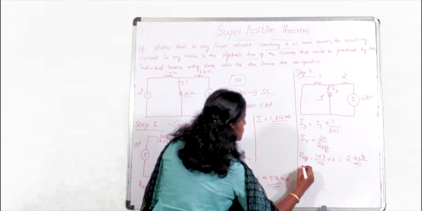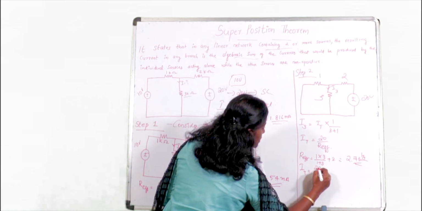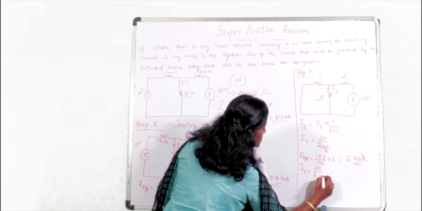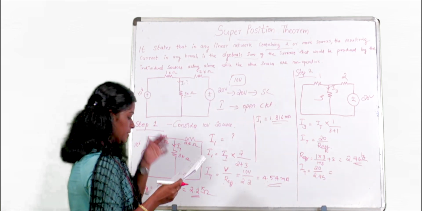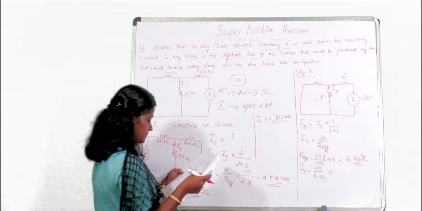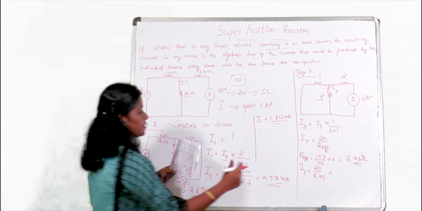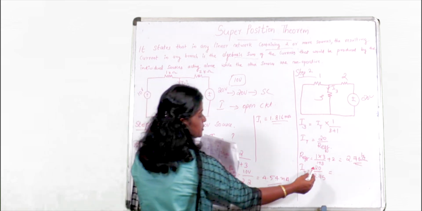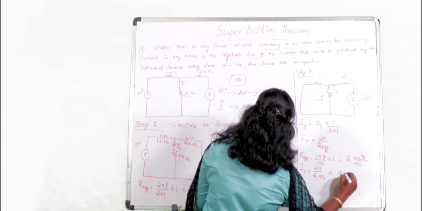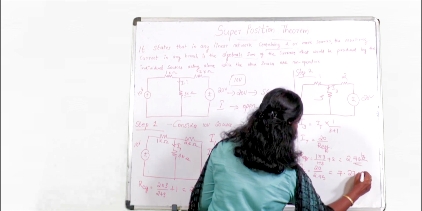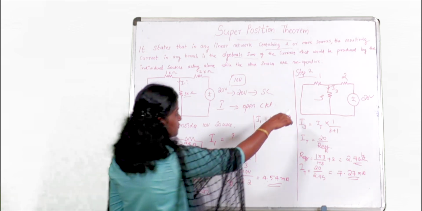So now next step we can find the total current. Total current is equal to 20 divided by 2.75. So that will be equal to 7.27 milliampere. So this is the total current of this circuit.